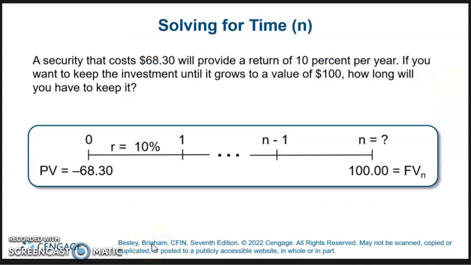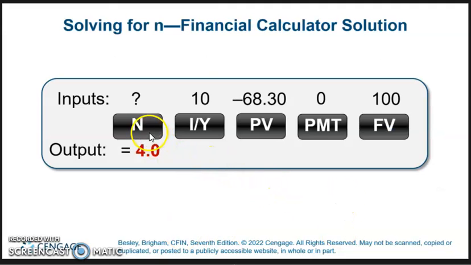In this example, the security that costs $68.30 provides a 10% return per year. We want to keep it until it grows to a value of $100. How long do we have to keep it? So we're solving for N.